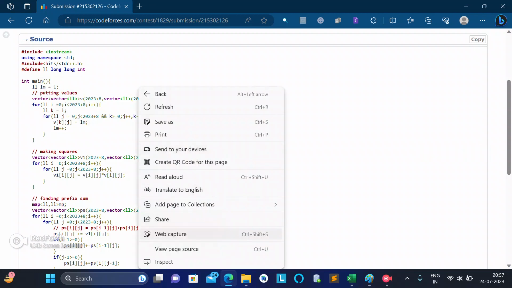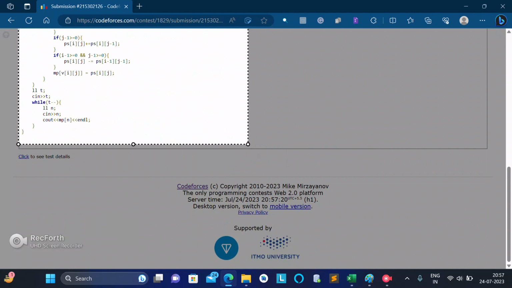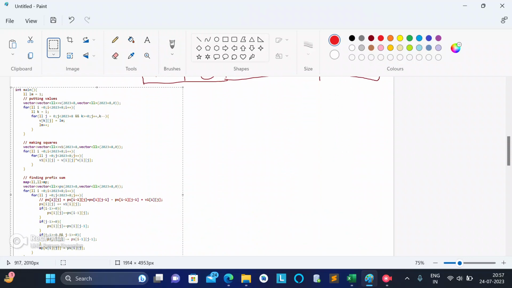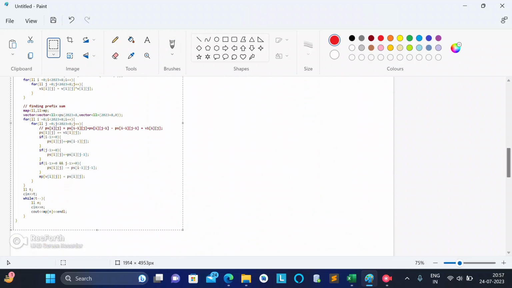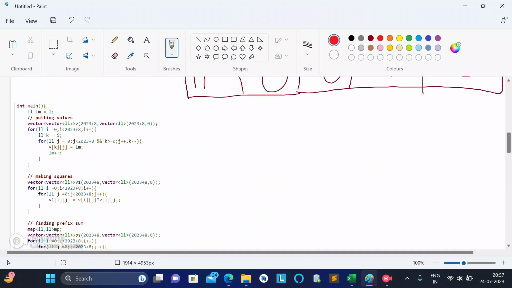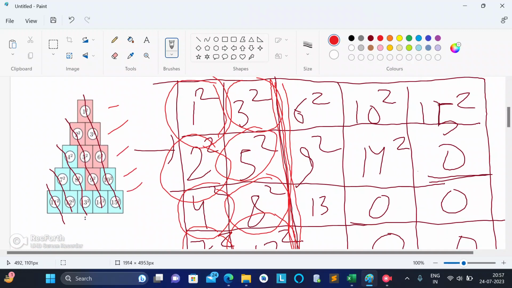In the code, first I had made, let me also paste it there on the paint. So what we will be able to see in this code is, as there are a total of 2023 rows, here we can see there are 1, 2, 3, 4 and 5 rows.